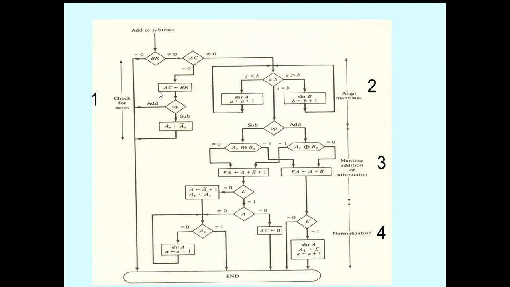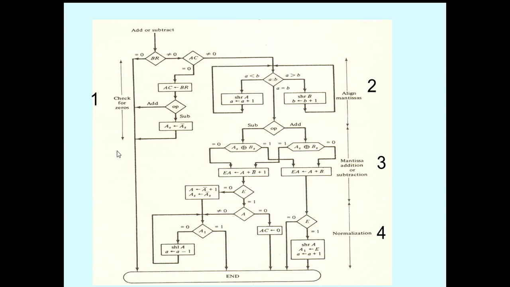According to the first step, we check for zeros, whether BR or AR is zero. If BR is zero, the result is that you end the operation. If not zero, then we have to check whether AC is zero.